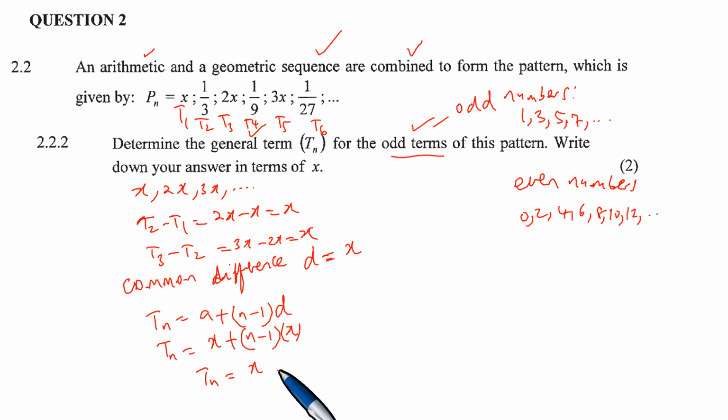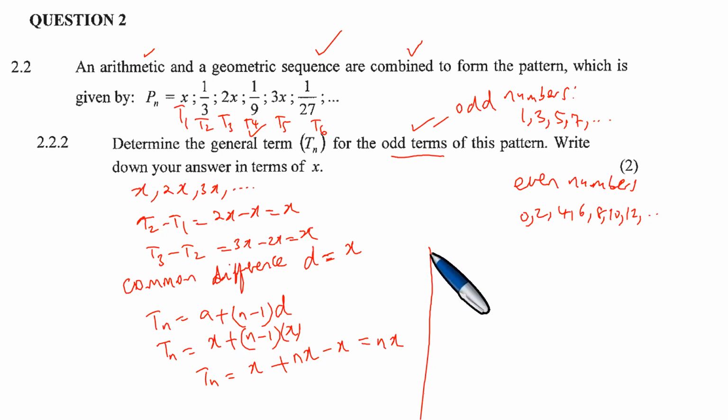You multiply it through by the x, and this becomes nx minus x. And if you simplify this here, it becomes exactly nx.